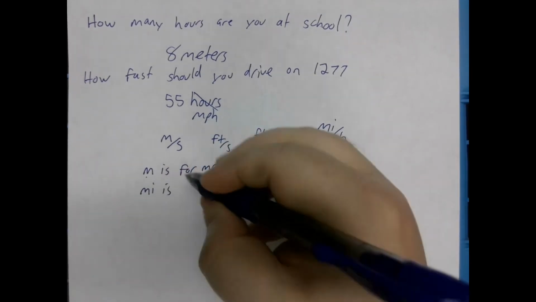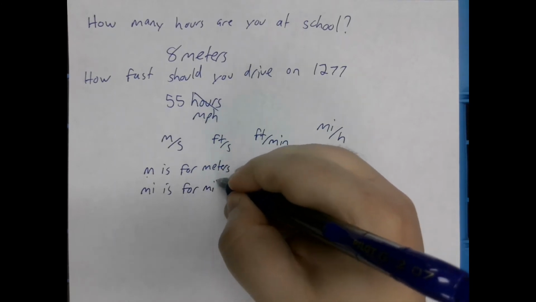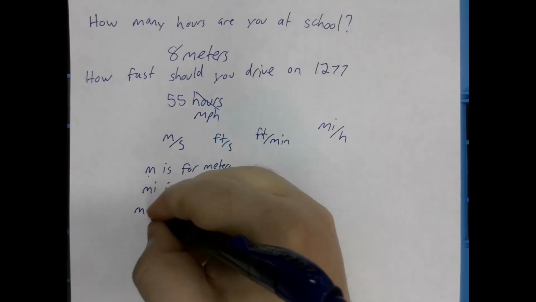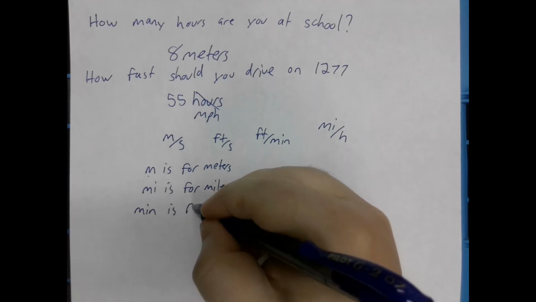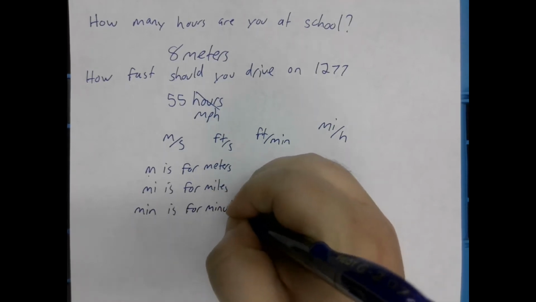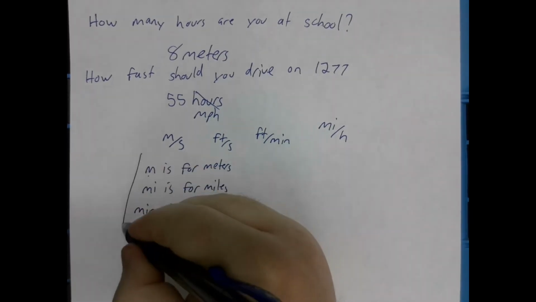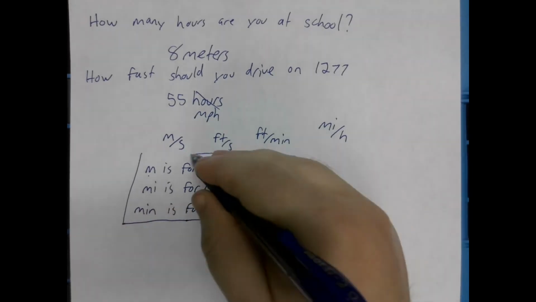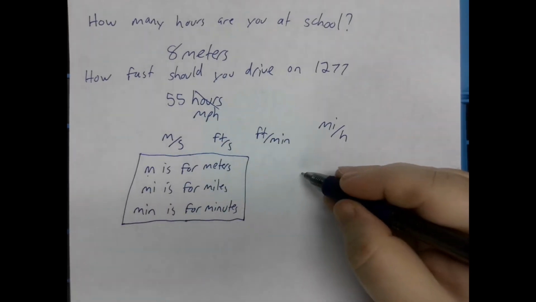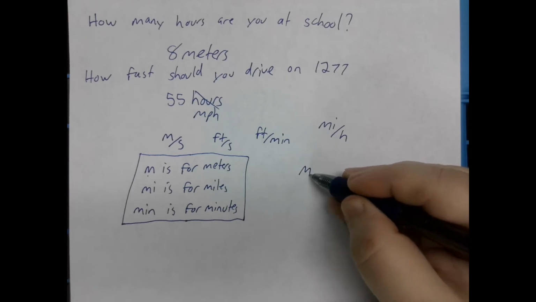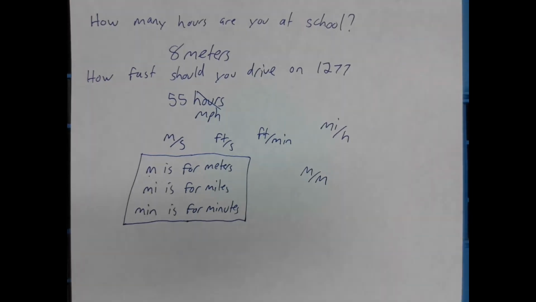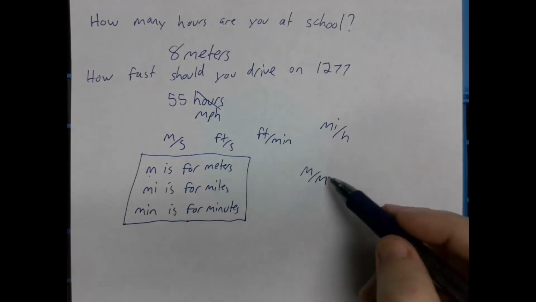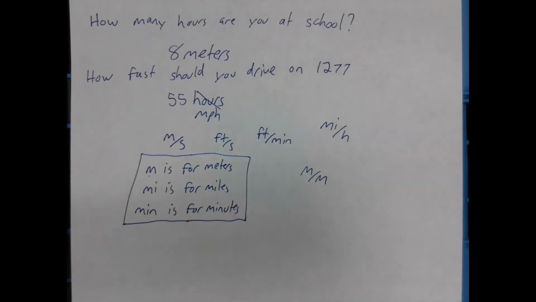MI is for miles. MIN is for minutes. I've seen someone put miles per minute as M divided by M. That doesn't tell you anything. That's wrong. That's meters per meter.